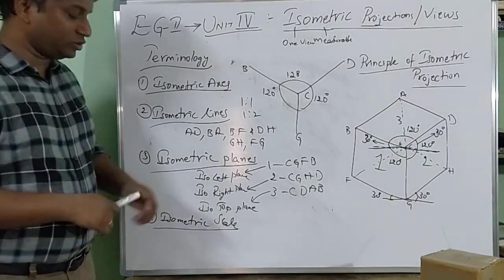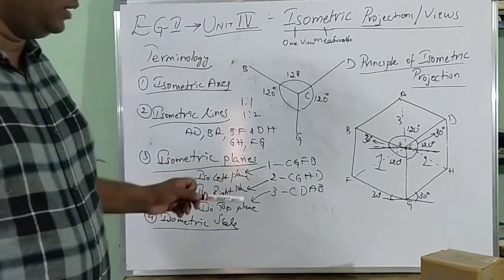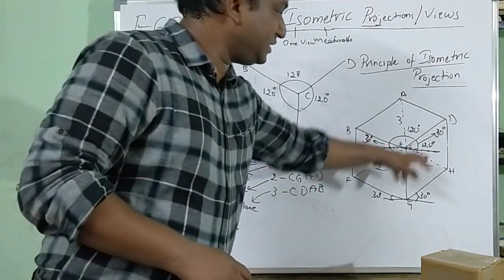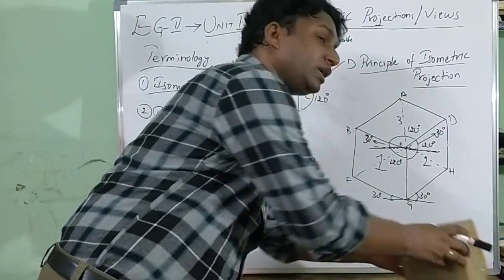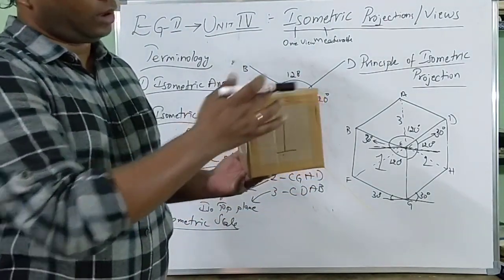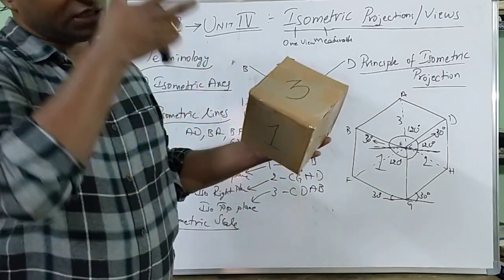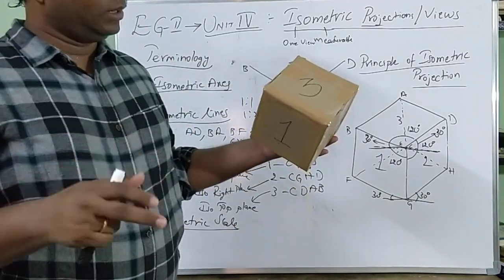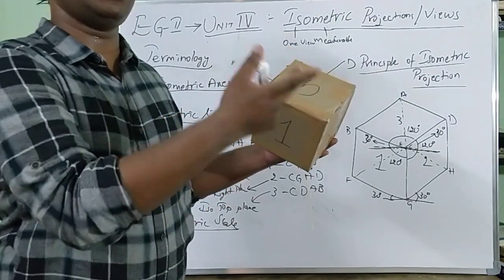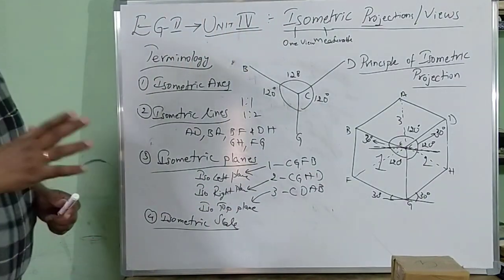Now in the same way, isometric scale means, what actually happens? Simple definition: this is not of original size. This is a square of some original dimension. When it is rotated to this position, it is converted to a rhombus. But if you see now, this true length has been taken into a line where we have an angle with respect to both planes.